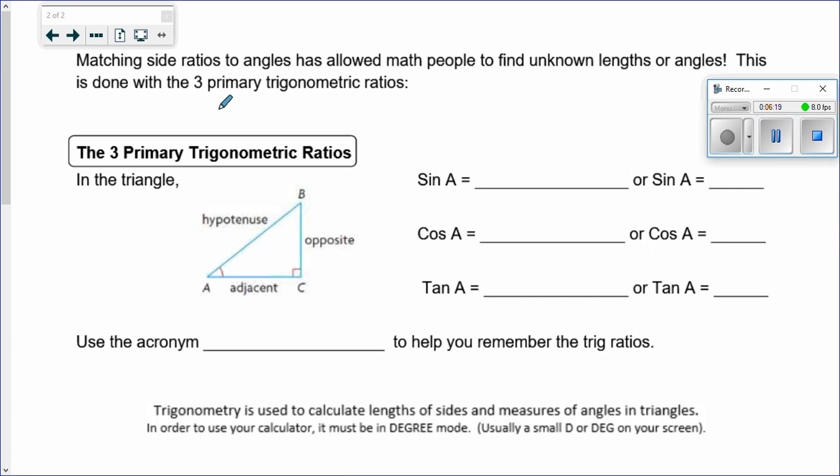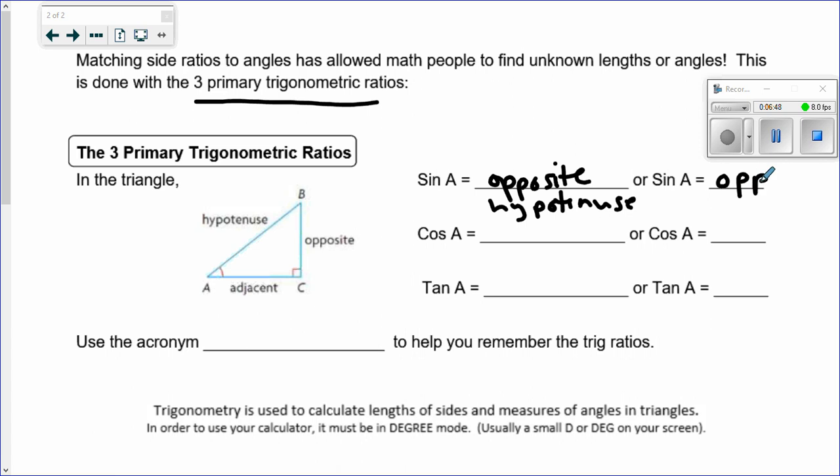So matching side ratios to angles has allowed math people to find unknown lengths and angles, which is what we're going to focus on. And there are 3 separate relationships that we use that we call the 3 primary trigonometric relations. Usually we just call them the 3 trig ratios. However, they are sine A, which is defined as opposite over hypotenuse, or op over hyp. Now you can use O. I don't like it though, and the reason why is it's far too easy to confuse an O with a 0.